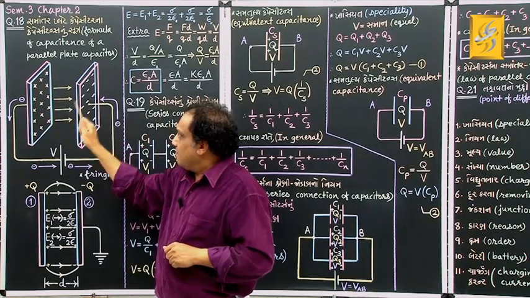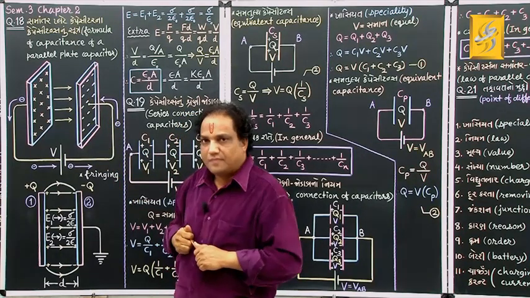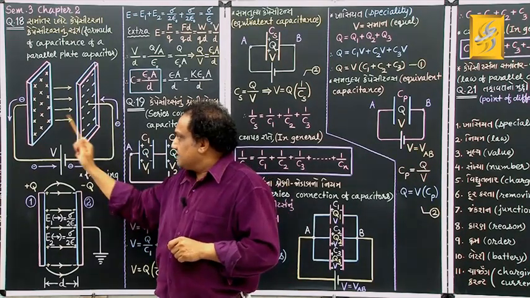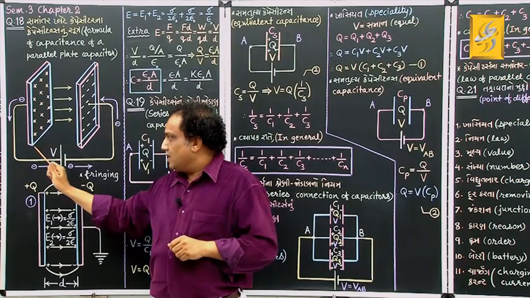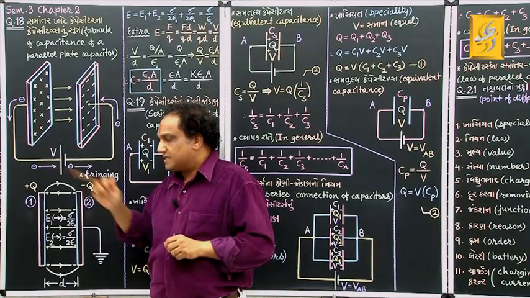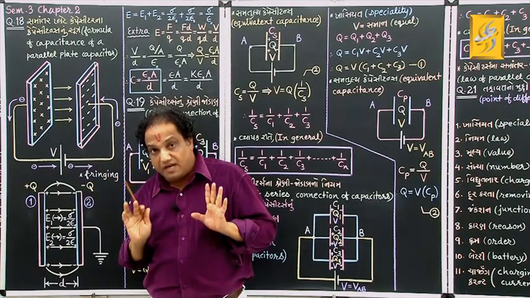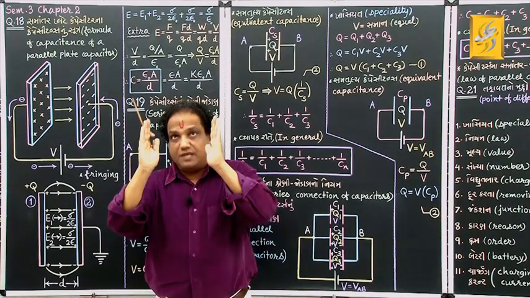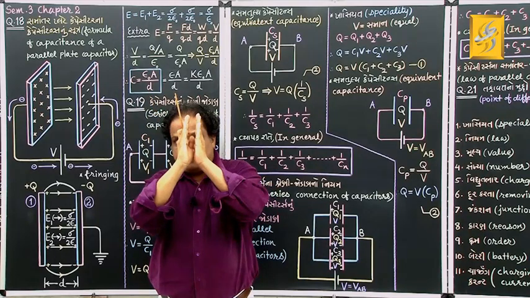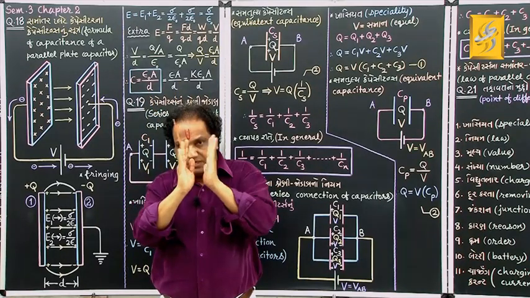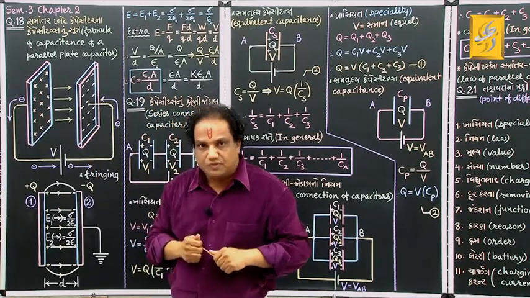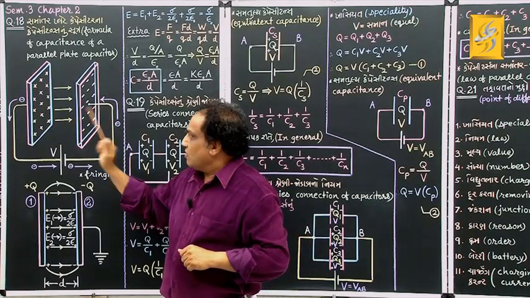Consider a parallel plate capacitor. Okay? In this capacitor, compared to the distance between two plates, the length and breadth of both the plates are kept very large. They are kept very close to each other, quite parallel to each other in this situation. Now what we do?